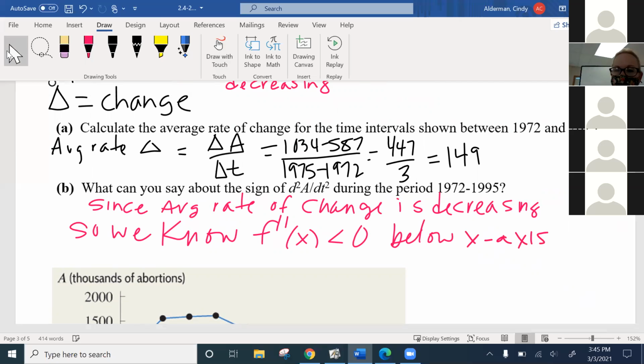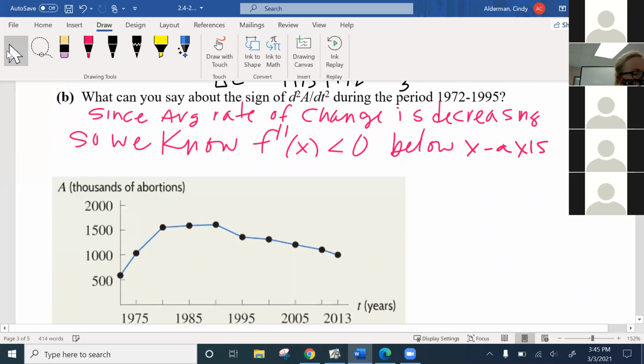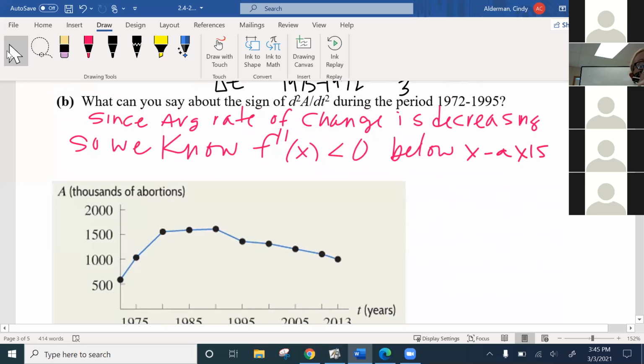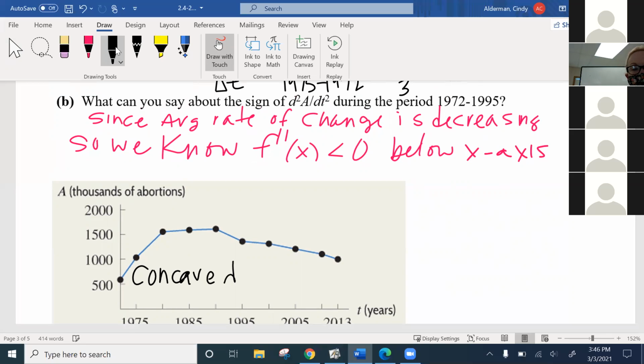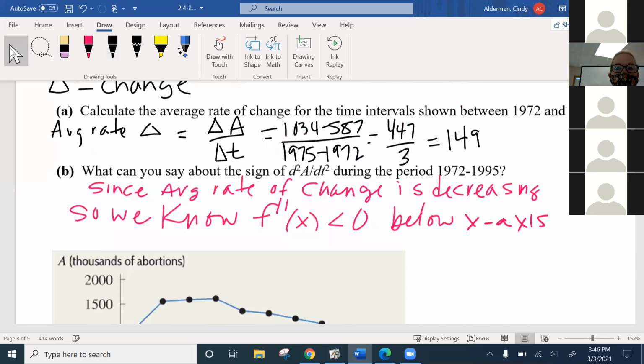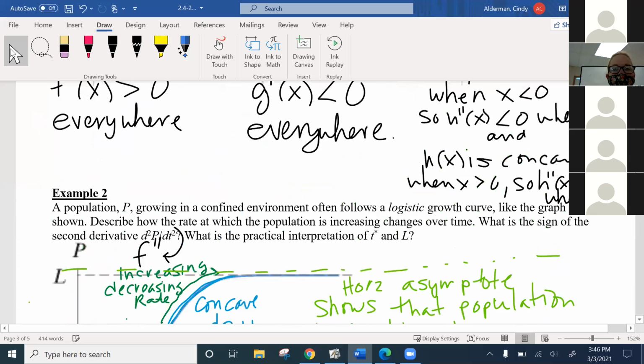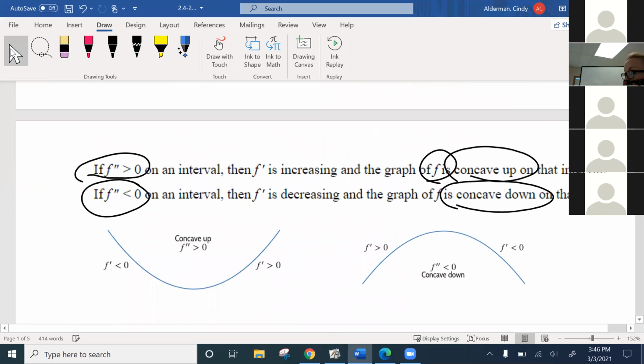And then this is just a graph to show you what's going on. Notice this is concave down. And remember, if it's concave down, the second derivative, back from this diagram here, right? If it's concave down, okay?